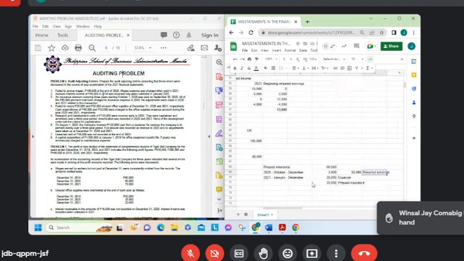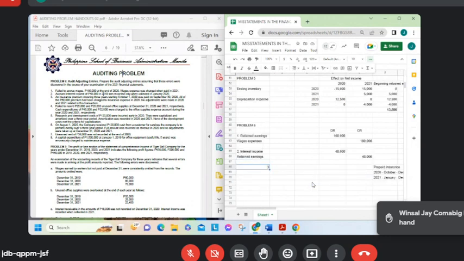Okay? So the 55,000 will be split between the expenses and prepaid insurance supposedly, no?